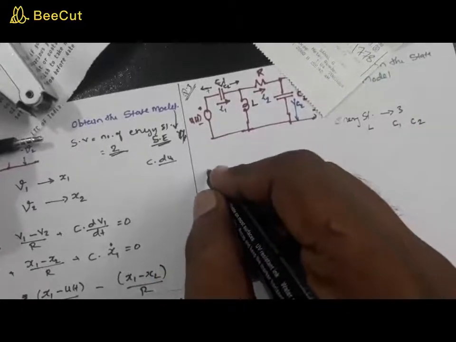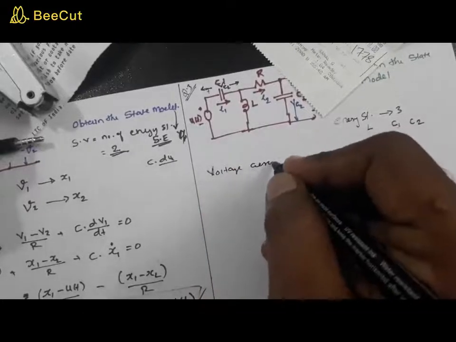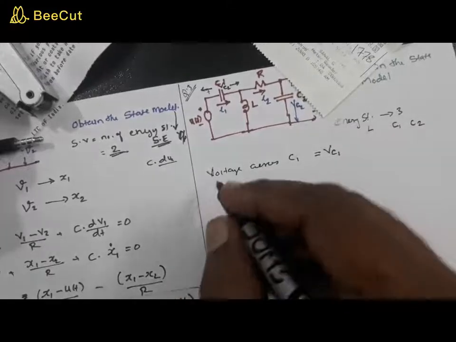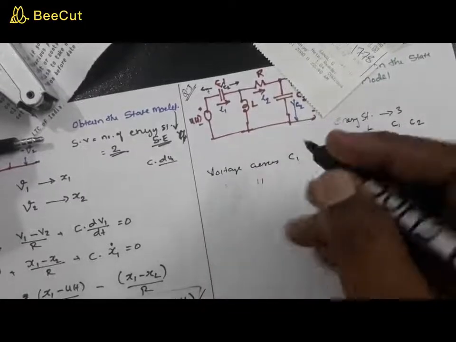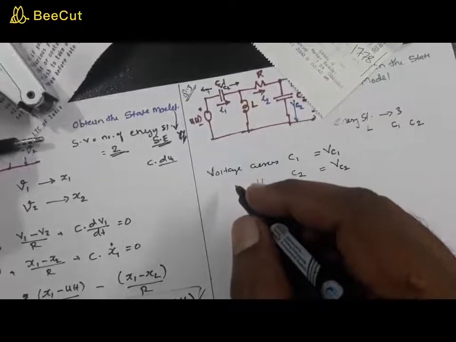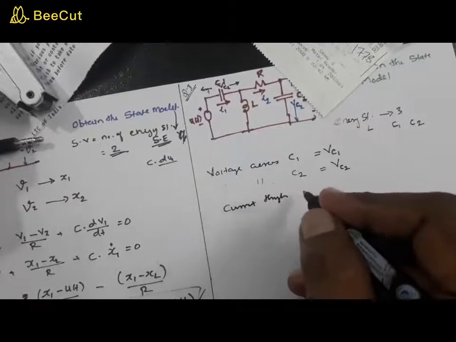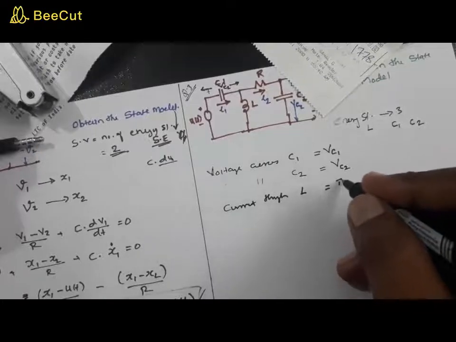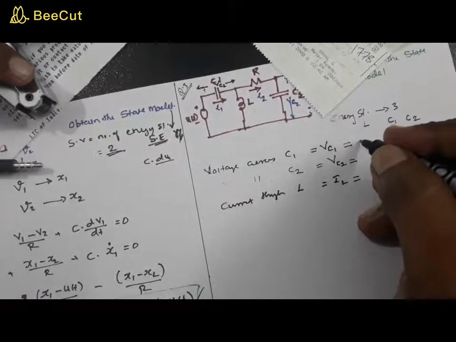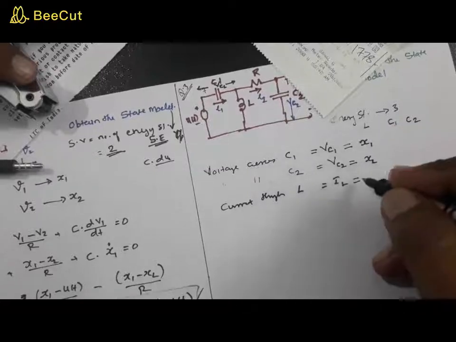Let me assign the state variables. The voltage across the capacitor C1 is V suffix C1, the voltage across C2 is V suffix C2, and the current through the inductor L is I suffix L. I can assign these to state variables: call this x1, this one x2, and this one x3.